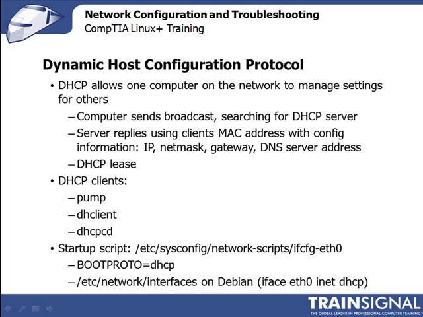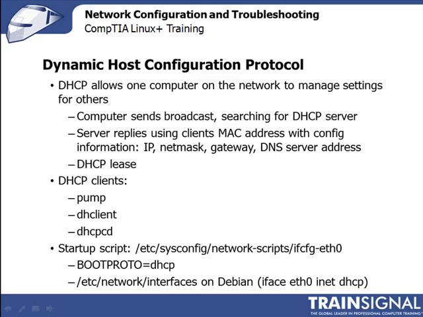You configure your DHCP server with a range of IP addresses that it can assign to your network hosts. When it receives a request, it responds using the client's MAC address, or its hardware address, and then passes along all the information that allows the two to begin to communicate. Then the client can get itself ready to connect to the network.